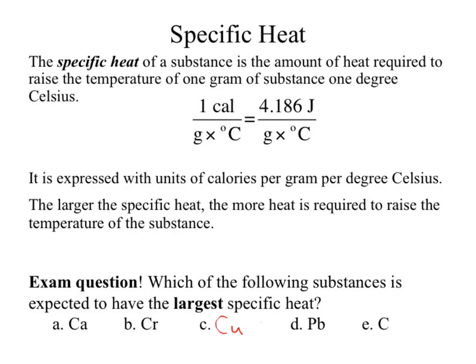How much heat was necessary to cause the sample to rise by 1 degree Celsius? A very small amount of heat, because it went directly through the sample. You felt it right at the get-go. Kind of makes sense? So if we feel the heat immediately, we have a small specific heat. We need a very small amount of energy to cause the sample to go up by 1 degree Celsius. And that up by 1 degree Celsius is us touching it to test that temperature.